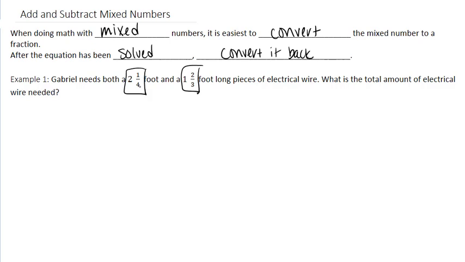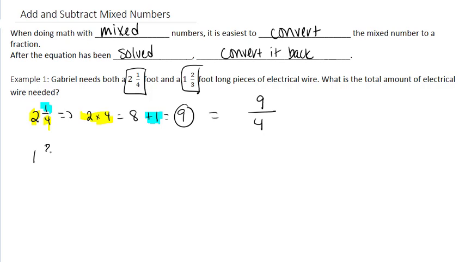So we will first convert. 2 1/4 becomes, 2 times 4 is 8, and then we're going to plus 1, which gives us 9. So if we remember, our first step was to multiply, then we add, and then we're going to take 9, which is our new numerator, over 4.